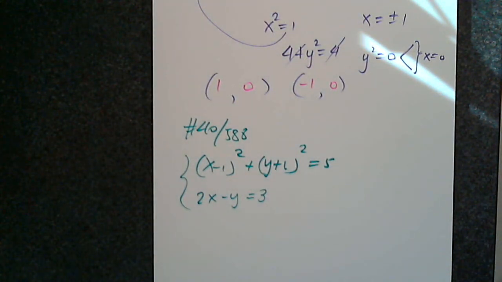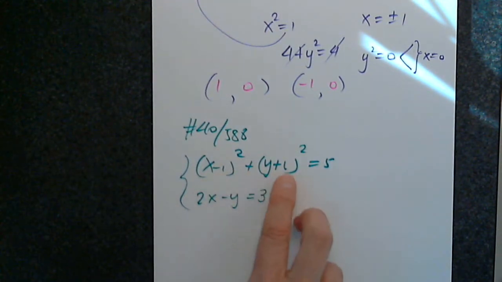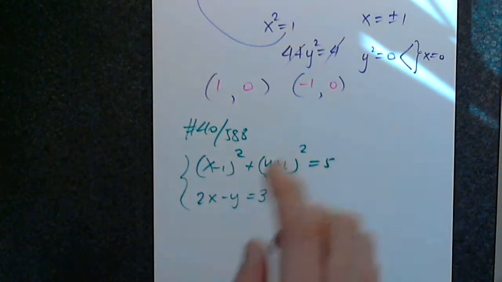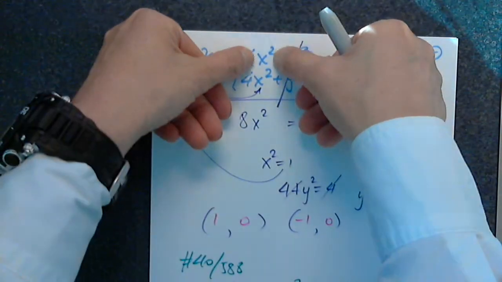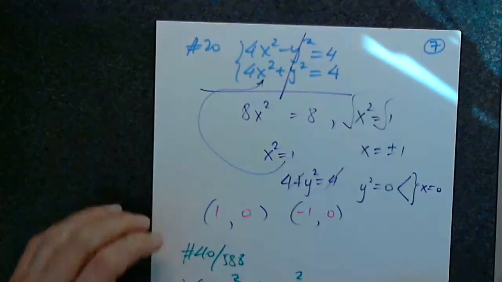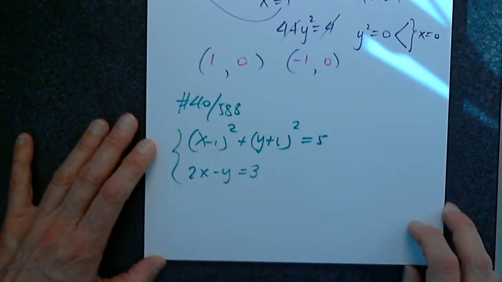It's a circle centered at 1 comma negative 1 with a radius the square root of 5. We don't have to graph. I'm just saying, just to refresh your memory. Good. So can I eliminate? Absolutely not. I don't have the same variables. There's no way. Here we had the exact same variables, x squared and y squared, but here I don't. So there is no discussion about elimination.